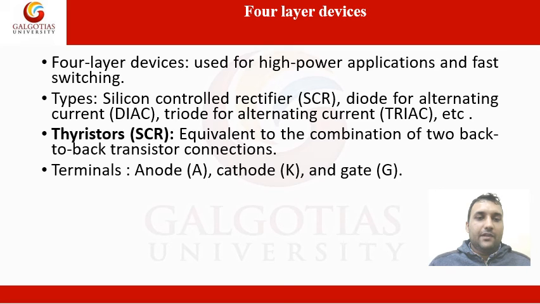These are silicon controlled rectifiers, and the diode for alternating current and triode for alternating current, that is TRIAC, etc. The thyristor is equivalent to the combination of two back-to-back transistor connections, and the terminals are anode A, cathode K, and gate G.